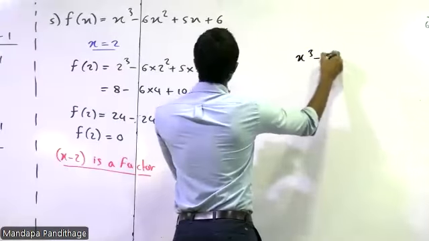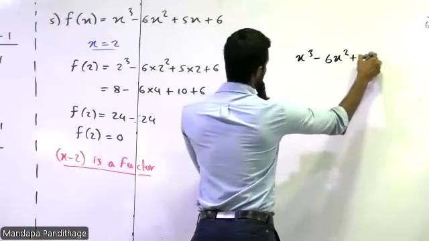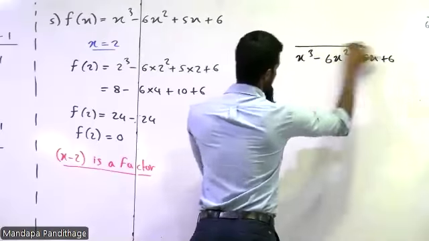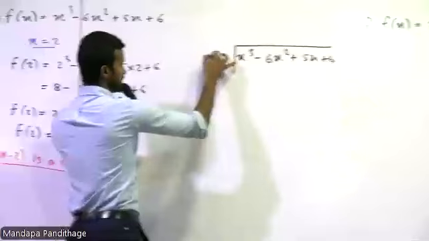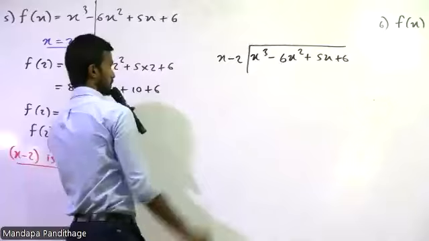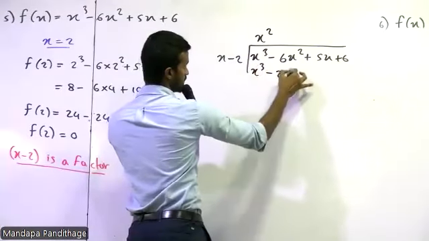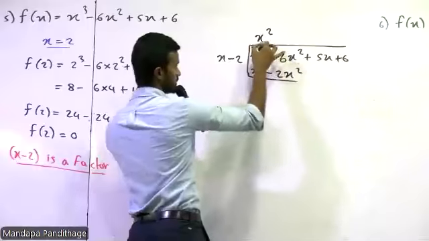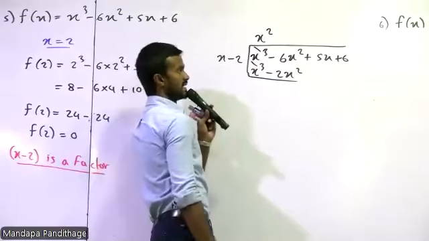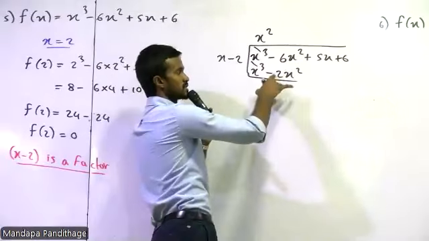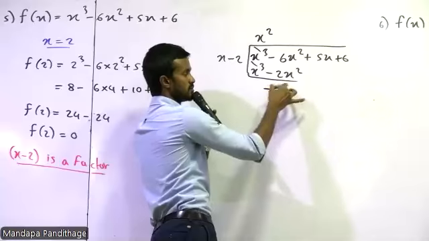x cubed minus 6x squared plus 5x plus 6 by the factor x minus 2. Here it's x squared, x cubed minus 2x squared. When you subtract, minus 6 minus minus 2 is minus 4.